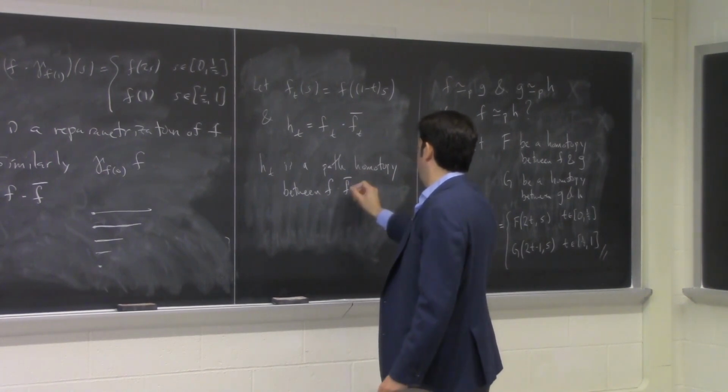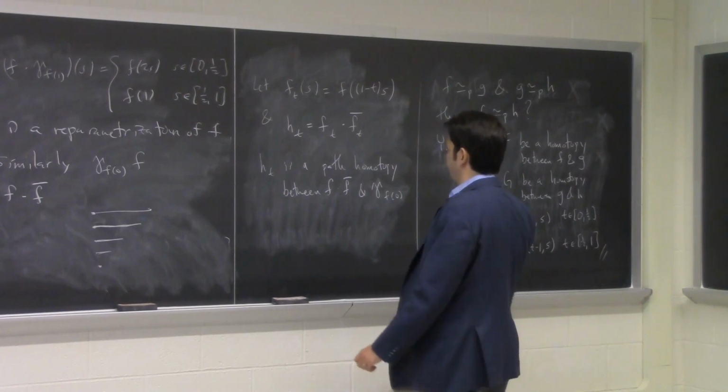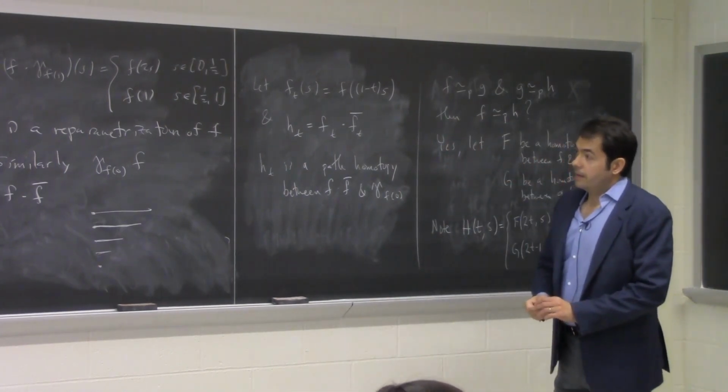So f dot f bar is path homotopic to gamma f of 0. OK? Wonderful.